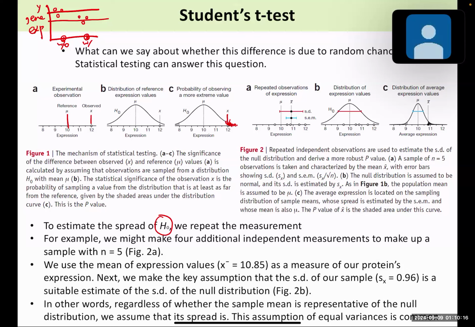For example, you can make 4 additional independent measurements to make the sample up to n equal 5. And then you can measure the average values of your measurements, right? And then you next make the assumption that the standard deviation is a suitable estimate of the standard deviation of the null distribution. So that means we assume that the variances are equal in the original population and also your measurements, right?